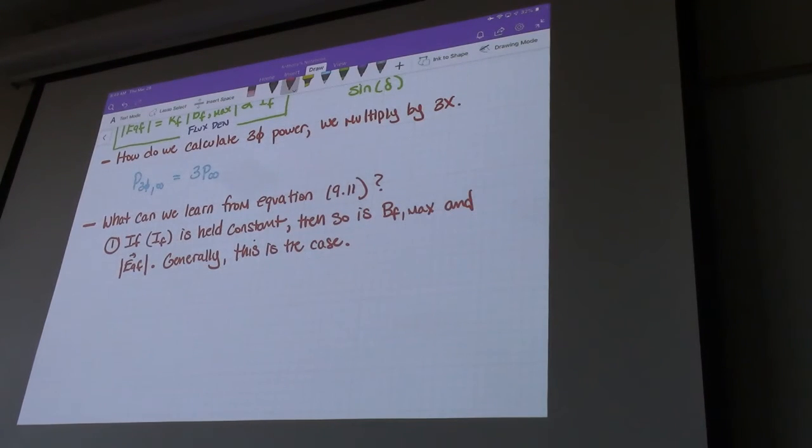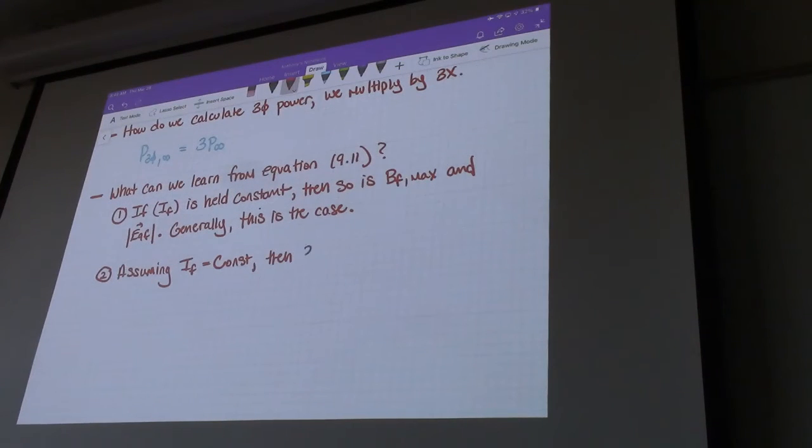If that stays constant, then we see, so assuming IF equals a constant, then the three-phase power, or I should say three-phase real power, not apparent, is predominantly dependent on sine of delta.